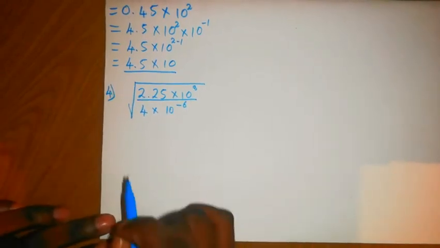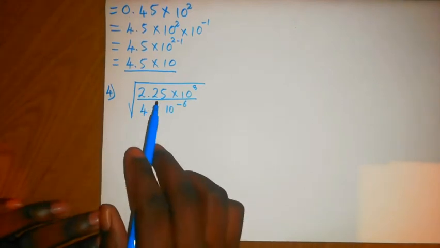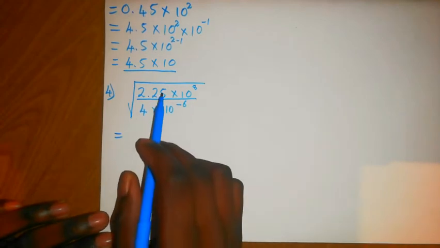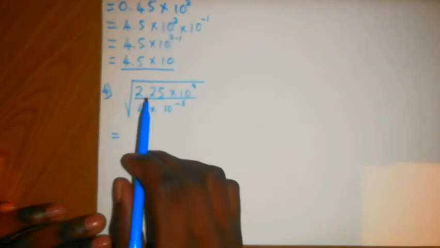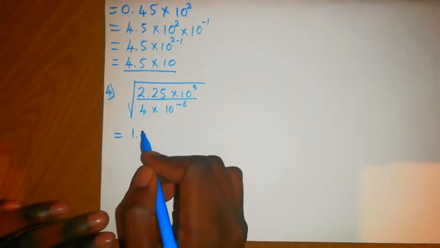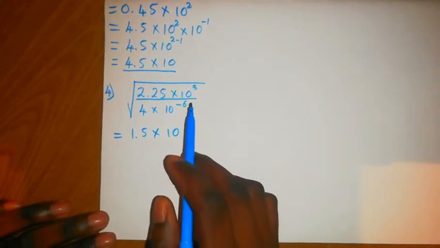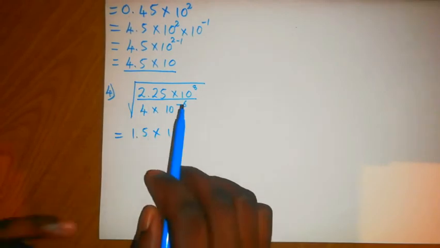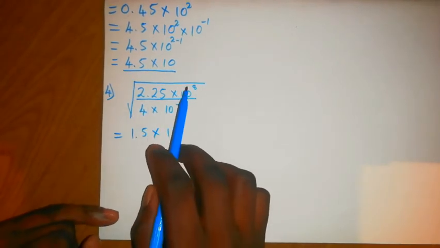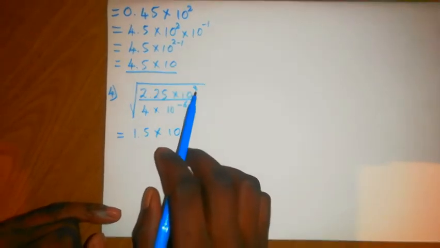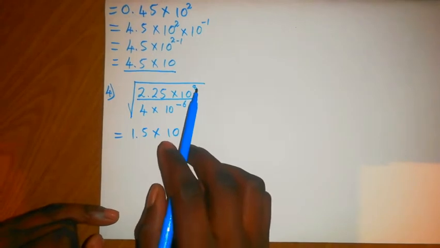Okay, there is our question. It requires us to solve there. So you're going to come here and say, first determine the square root of 2.25. That's 1.5 times 10. Then what you are supposed to know is that if you find standard form inside a square root, this power will always be even.